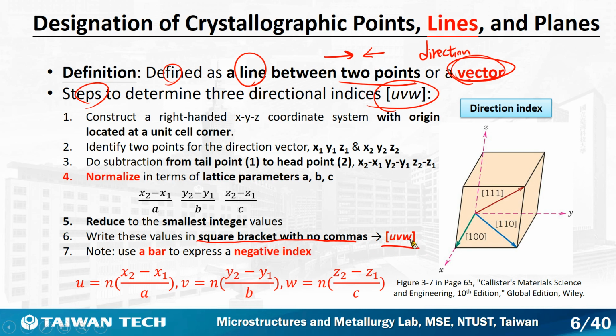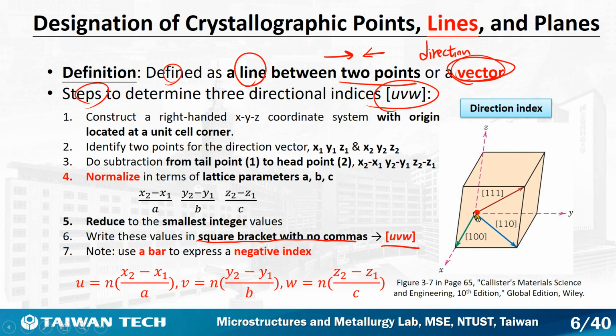Let's see the steps here. First, construct a right-hand x, y, z coordinate system with the origin at a unit cell corner. I think we will just assume it to be here, right? For x, y, z, the intercept of x, y, z as the origin.